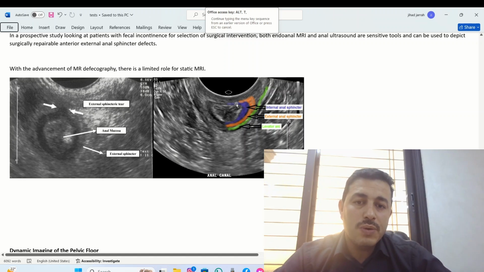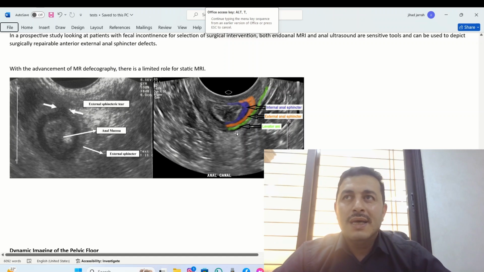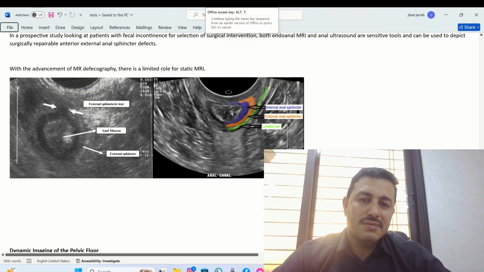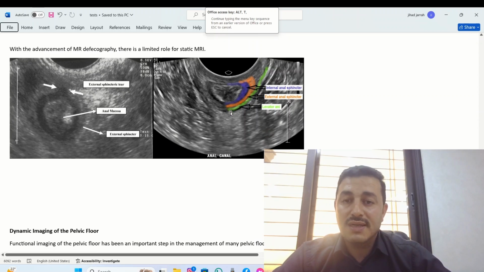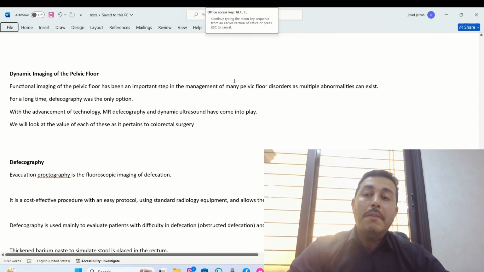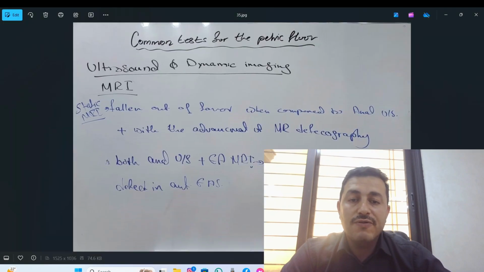Actually, sometimes we push the patient when we feel it is a complex fistula and we actually have no access to endoanal ultrasound. This is why we push patient towards static MRI, but never think of it as a modality of choice. Dynamic imaging study for pelvic floor.